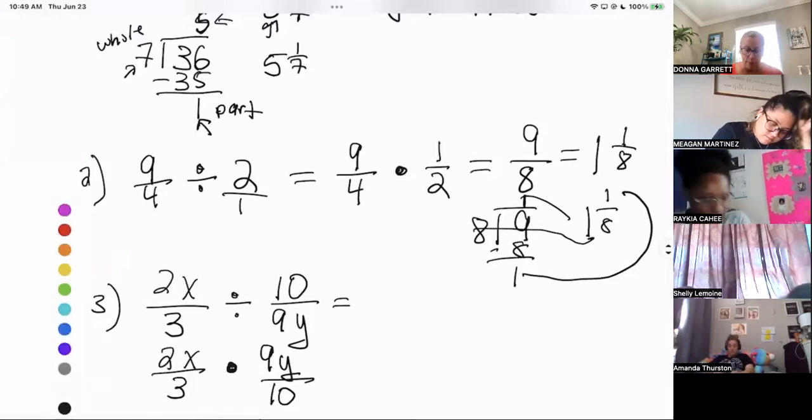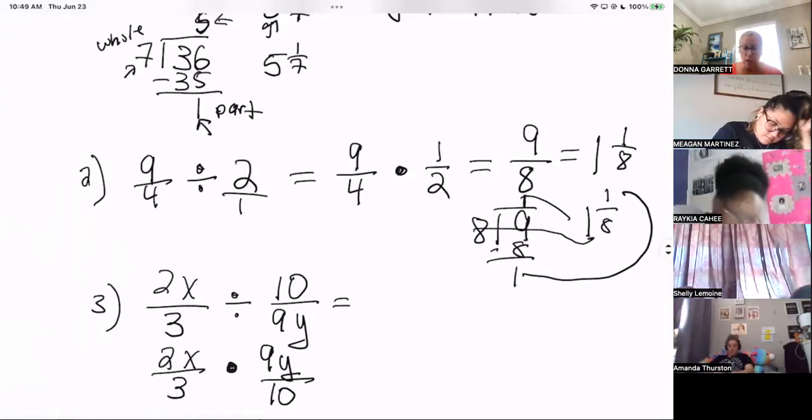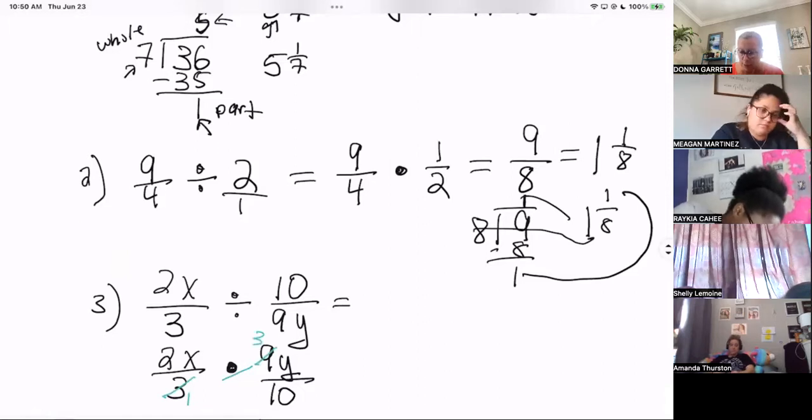If we cross simplify, which I see I'm going to, not everything is simplified that way. Sometimes it is simplified, nothing to do. But I see 3 and 9 this way. I can divide both of them by 3. And then I look this way and I see 2 and 10. I can divide both of them by 2. So 2 becomes 1, 10 becomes 5.